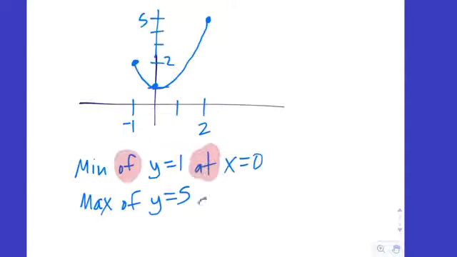It has a max of y equals 5 at x equals 2. What's the value of the derivative at x equals 2? On this closed interval, it's d and e, right? Because it's an endpoint. So that's now the second time we've seen an absolute extreme value occur at an endpoint. I'm starting to think that absolute extrema can occur at x values where the derivative is 0 or where it's possibly undefined like an endpoint.